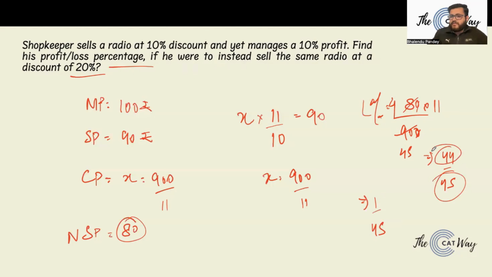So we see a loss of 1 by 45. Loss of 1 by 45 means how many percentage? We have seen that if we don't remember the percentage value, multiply it by 100. Multiplying it by 100 will give you what? This will give you 20 divided by 9, or this will give you 11 by 9, right? So 20 divided by 9 would be what, guys?